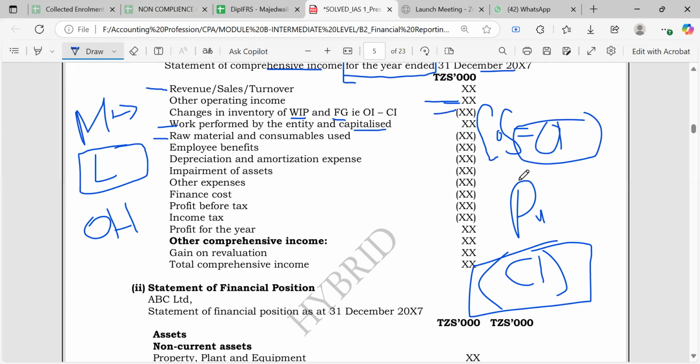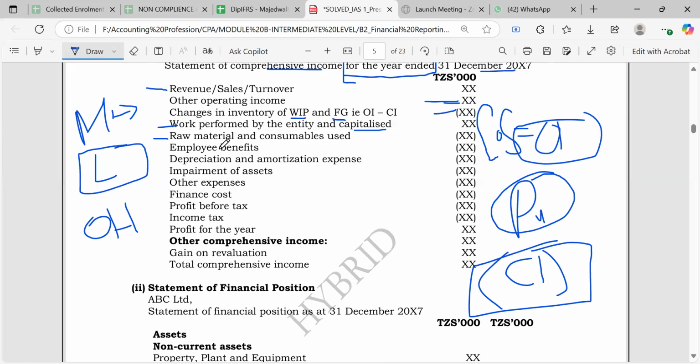Remember, this production cost goes on to form inventory. This cost of production goes to form inventory. Inventory is already capitalization. If you make something and they call it inventory, it means you have capitalized it. So being told labor work performed and capitalized, it means it is labor cost that has been included into the cost of your inventory. That's what we mean. Right? Okay.